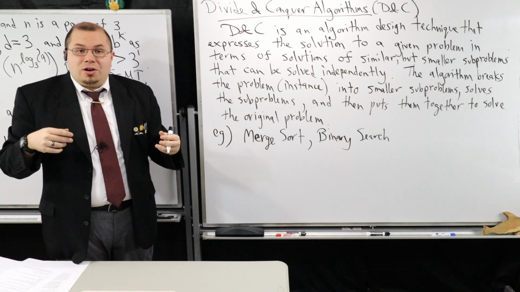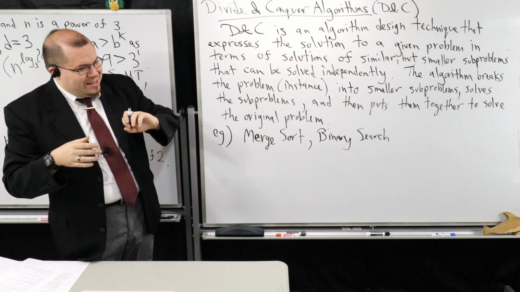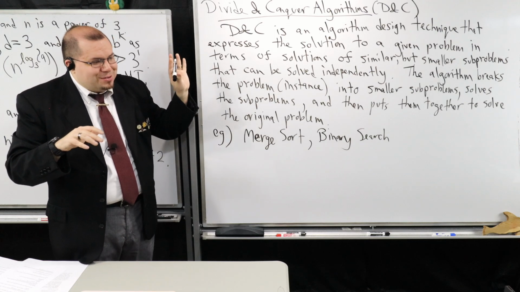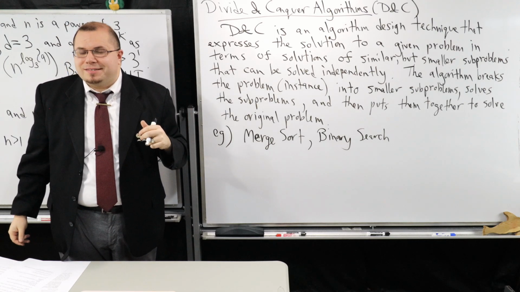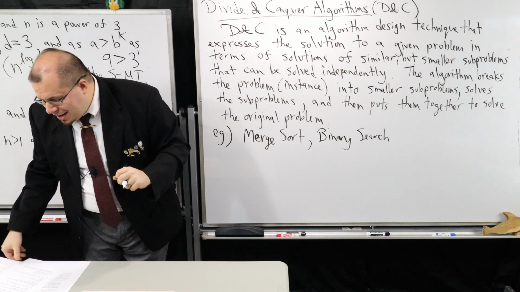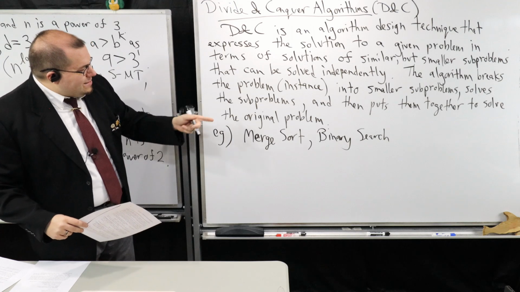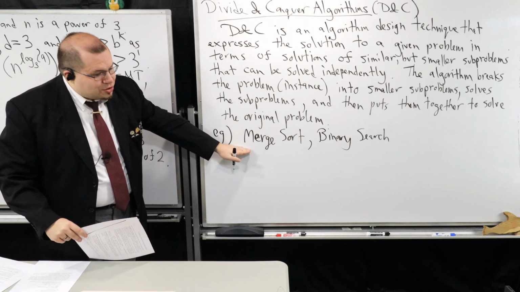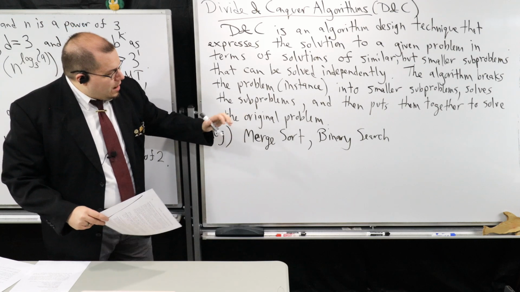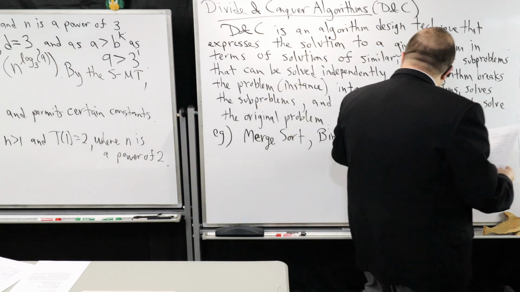In a divide and conquer context, you would just ignore the other side and proceed to search only the side that has potentially the key I'm looking for. So that one is a little bit different than this. This is quite natural as a divide and conquer algorithm. I'm going to talk about that one in a moment. You might also know quick sort, of course. We've talked about that one.